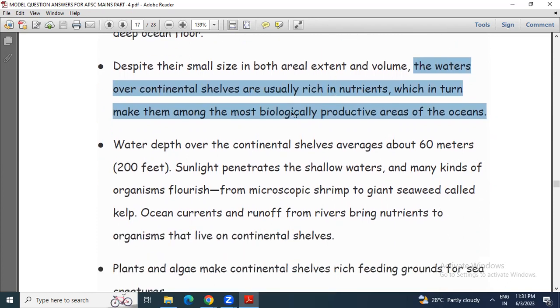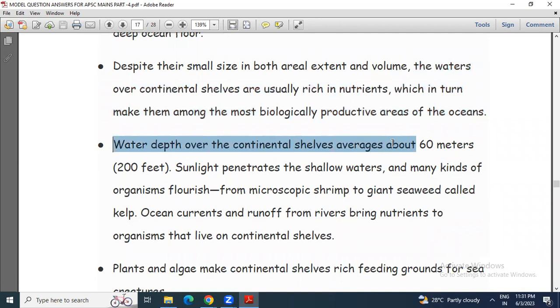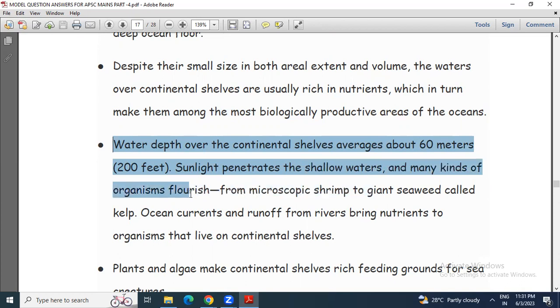Then water depth over the continental shelves averages about 60 meters, that is 200 feet. Sunlight penetrates the shallow waters and many kinds of organisms flourish, from microscopic shrimp to giant seaweed called kelp.